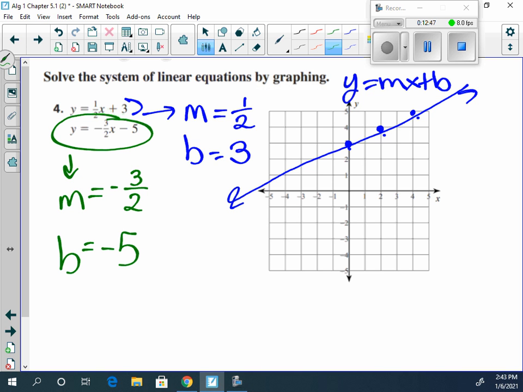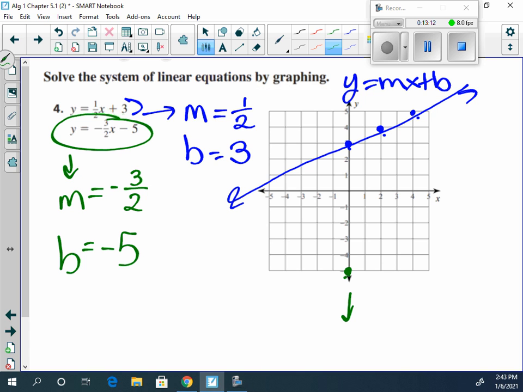So our y-intercept is where we're going to start out, right here. Now, because the slope is negative, we're either going to go down or to the what? Left, because down and left is negative. Now, we can't go down from here because we don't have the graph there, but I can go up.